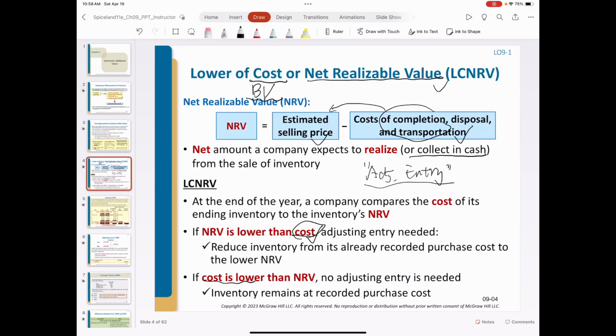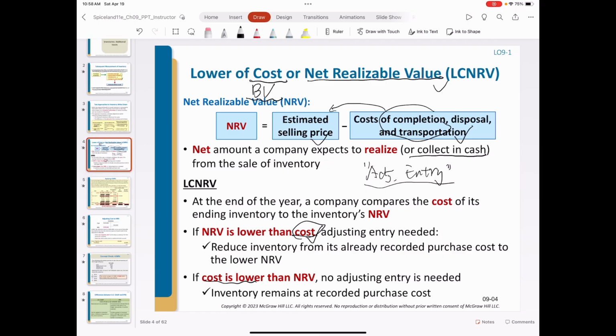If cost is lower, we keep using the cost or old book value, and we do not write up the value of inventory. This is one of the characteristics of GAAP, the asymmetric accounting treatment for good news and bad news. That's also the conservatism of financial accounting.